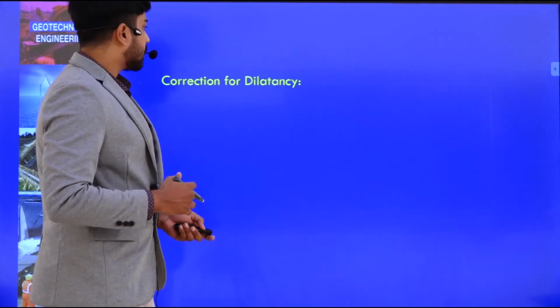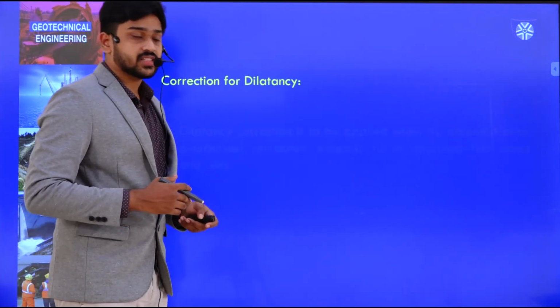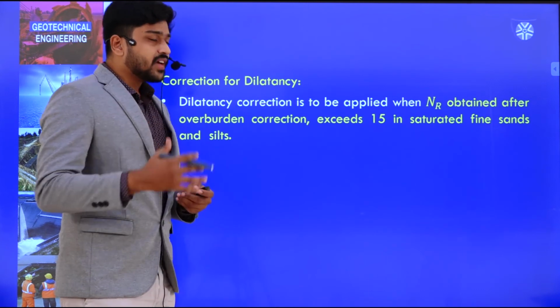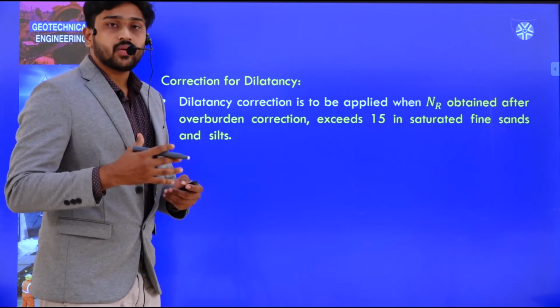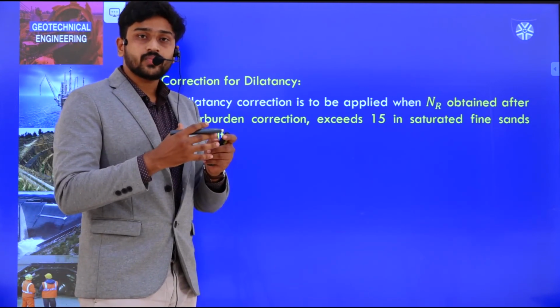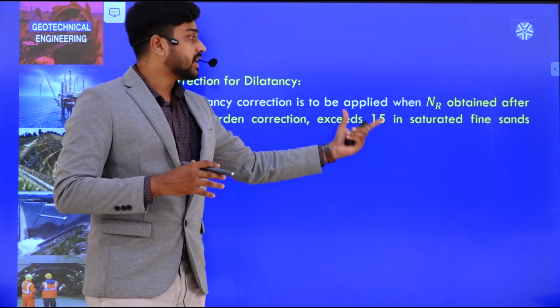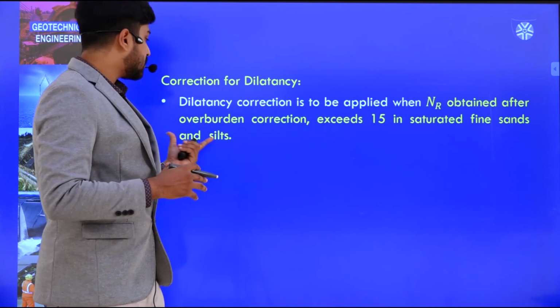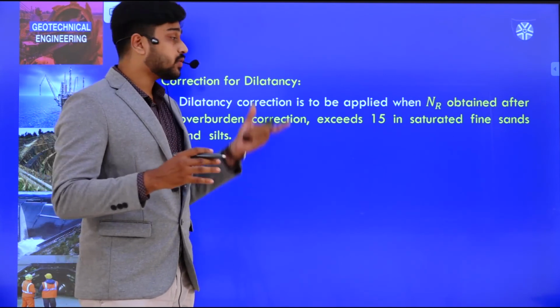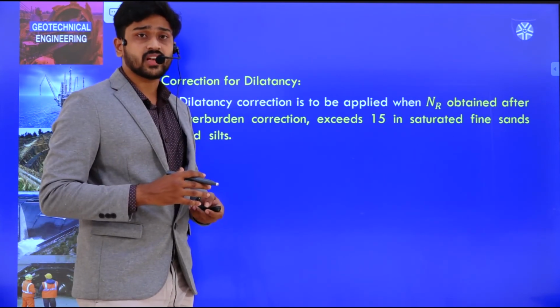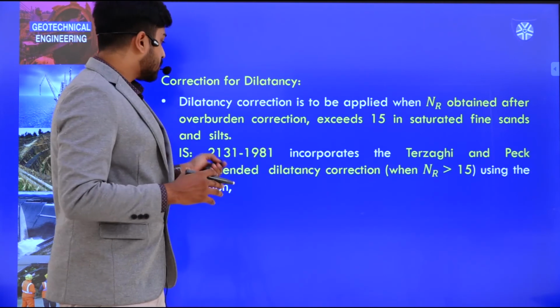Furthermore, coming to the correction for dilatancy: after correcting NR for overburden pressure, if it exceeds 15 in the case of saturated fine sands or silts, then we have to go for the correction for dilatancy.